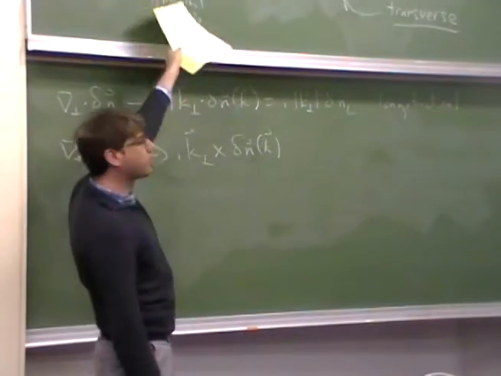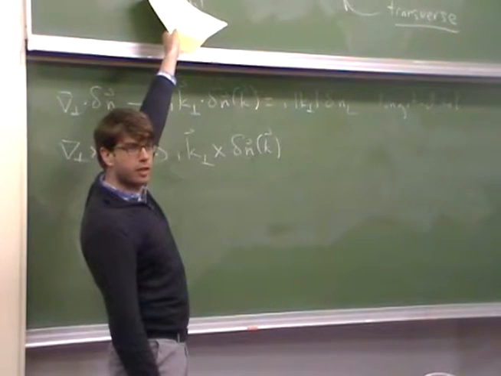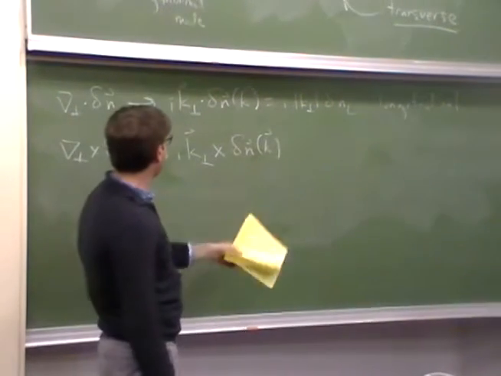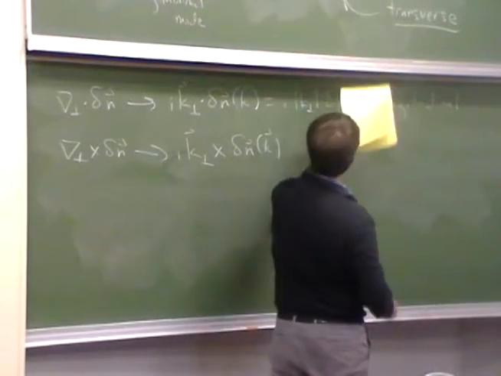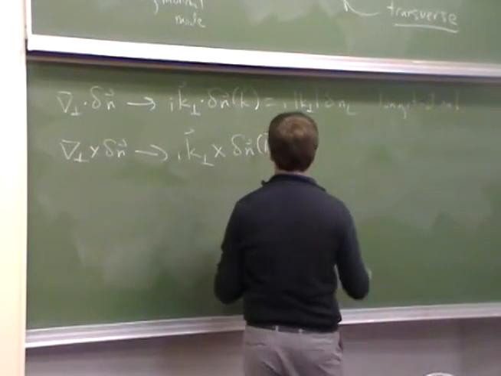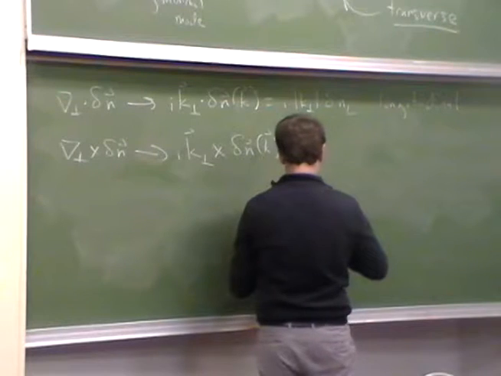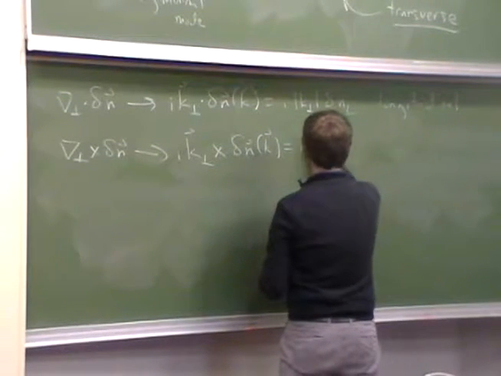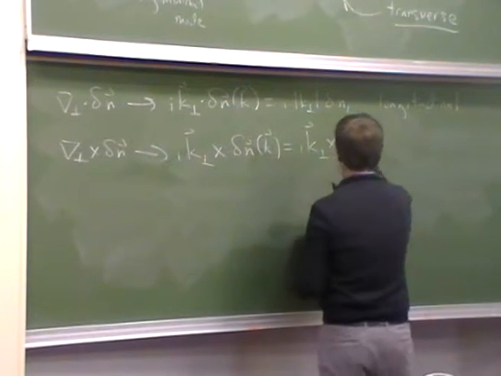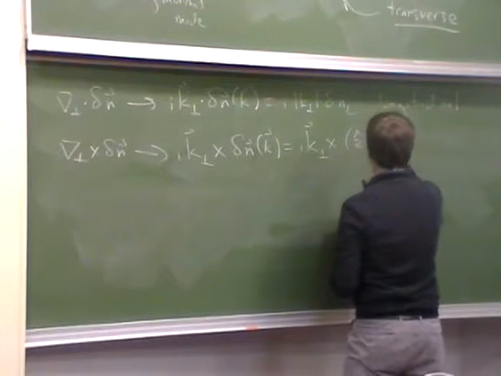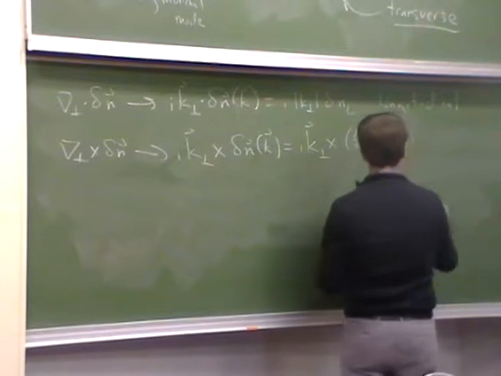Because this is k cross itself. Okay, the cross product between k and itself is 0. The only thing that's going to be left is from this last term. Okay, we're going to have to use one of those cross product identities here, and I'll just tell you the answer, which I worked out on the airplane.